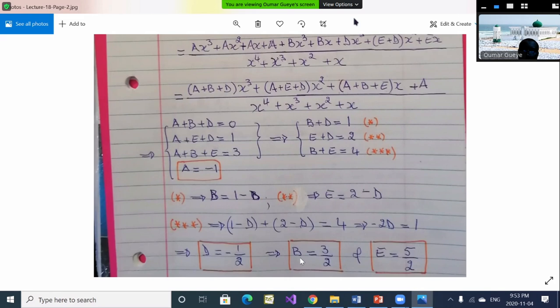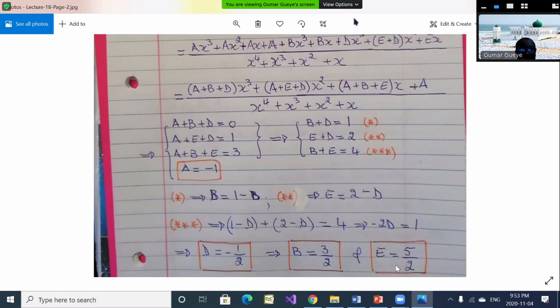And to get B, I'm going to substitute D by negative 1 over 2 in this equation. So B is going to be 1 minus negative 1 over 2. It becomes 1 plus 1 over 2, which is equal to 3 over 2. And in this equation here, I'm going to substitute D again, so E is 2 minus negative 1 over 2, which is equal to 2 plus 1 over 2, which is 5 over 2.